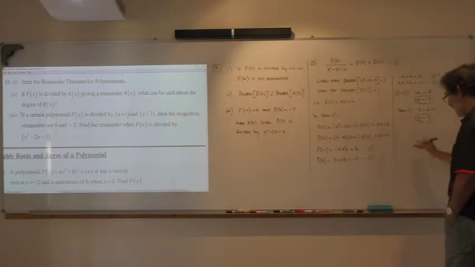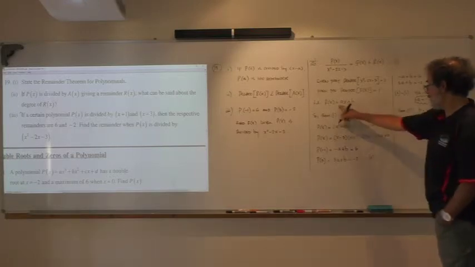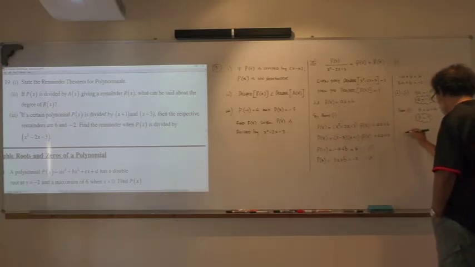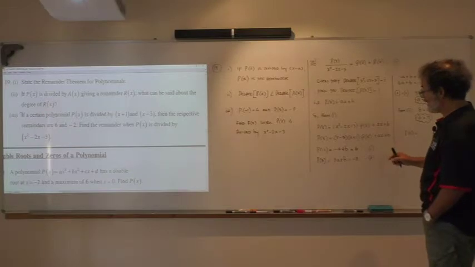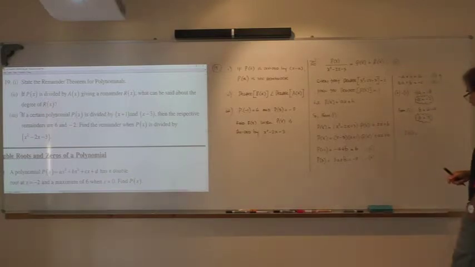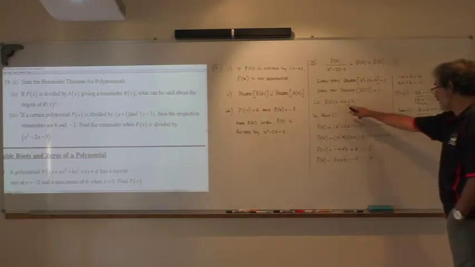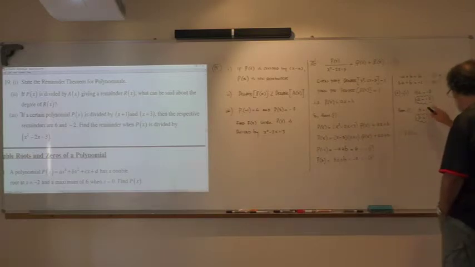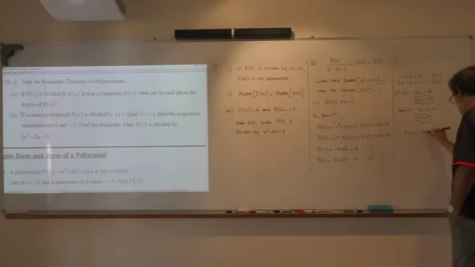So the remainder, when that particular polynomial is divided by x squared minus 2x minus 3, is going to be equal to ax plus b, so it's going to be minus 2x plus 4.